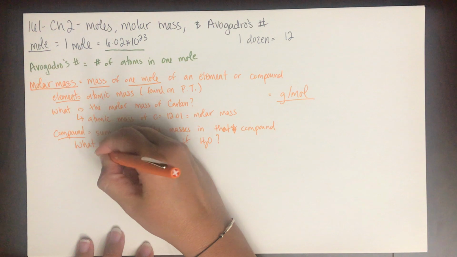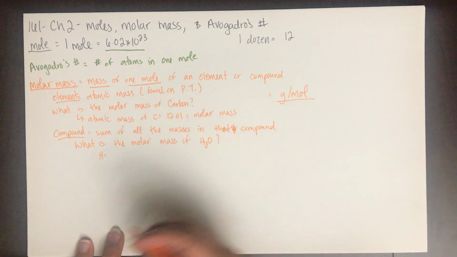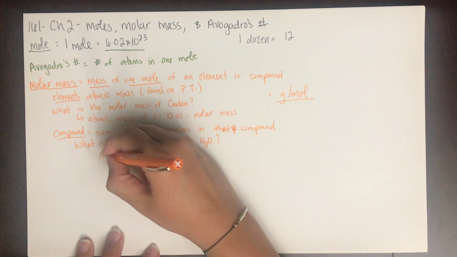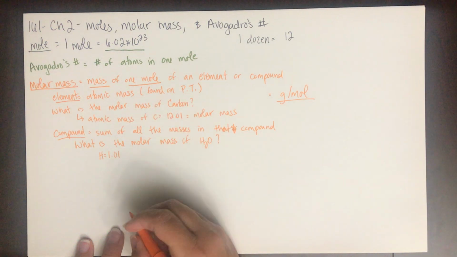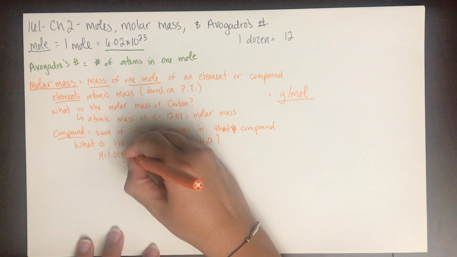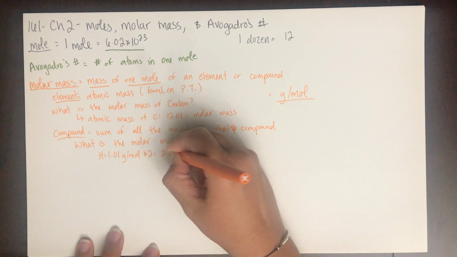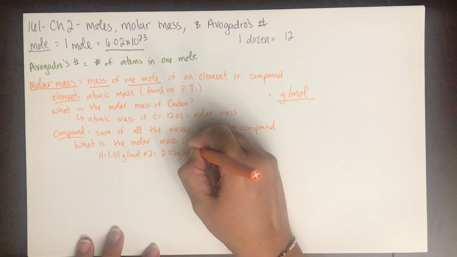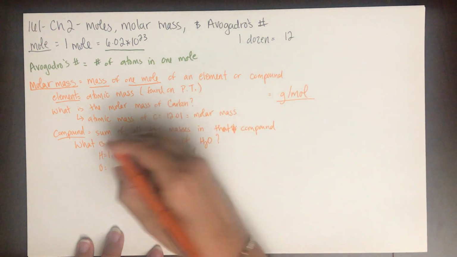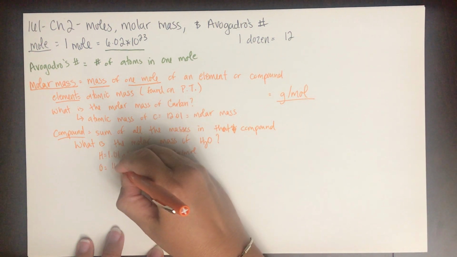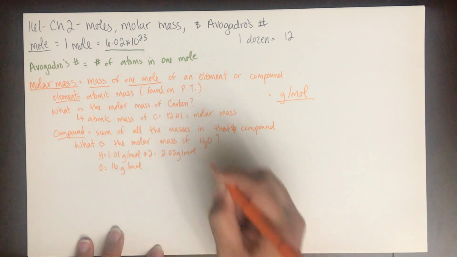So I would say the molar mass of hydrogen, depending on what periodic table you use, I'm just for simplicity's sake going to say it's about 1.01 grams per mole, and I have 2 of them, so that's 2.02 grams per mole. And then the molar mass of oxygen, again, just to be simple, I'm going to say that's about 16 grams per mole.